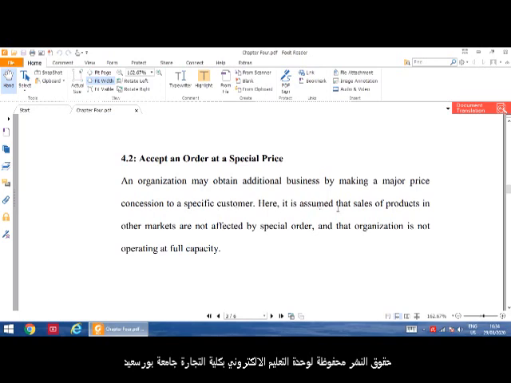Here it's assumed that sales of products in other markets are not affected by the special order, and the organization is not operating at full capacity.